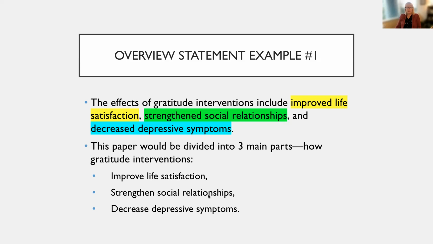So then you not only have the overview statement showing the reader what's coming in these three major sections, but you also include headings that help the reader to see, okay, what's the next big section going to be like? And for APA formatting, you would center and bold those using title case.